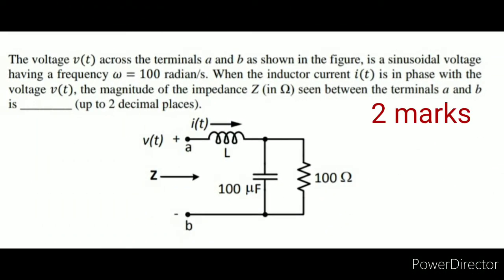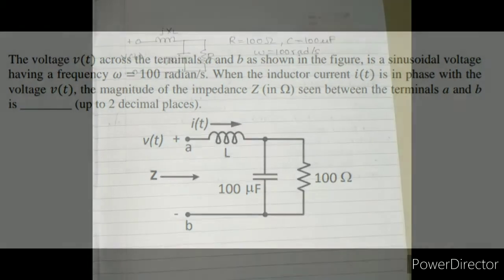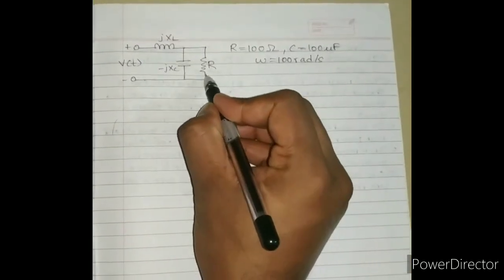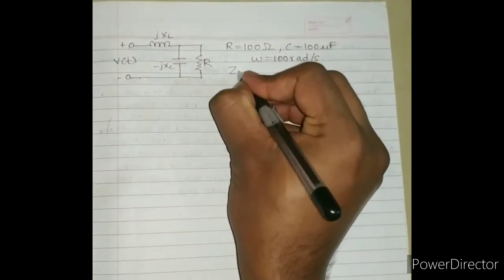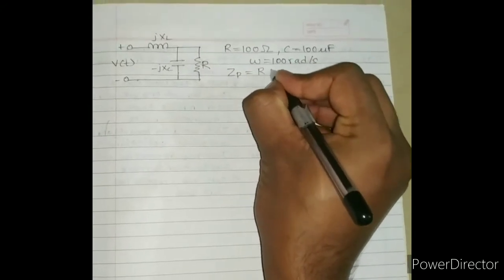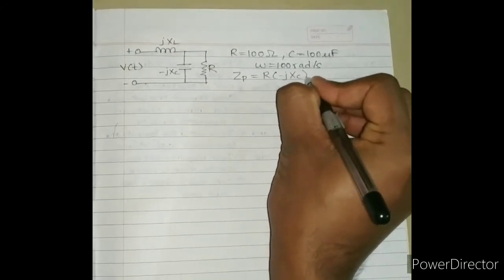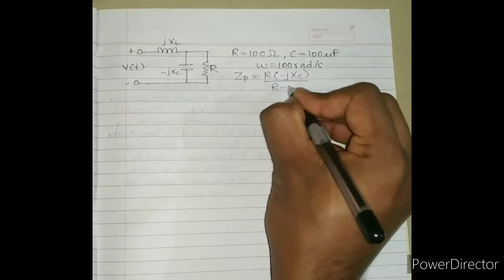Now we will begin with 2 marks questions. So this is the first 2 marks question. First of all, we'll find the parallel equivalent of the circuit. ZP is equal to R into minus jXC upon R minus jXC.